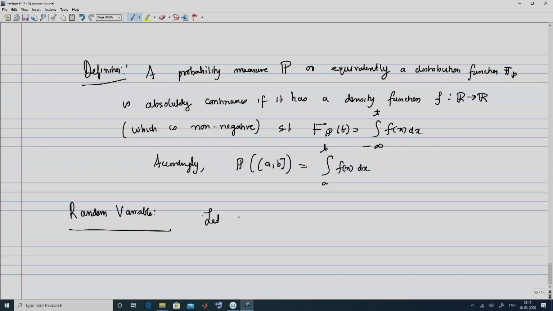Let (omega, sigma) be a measurable space.